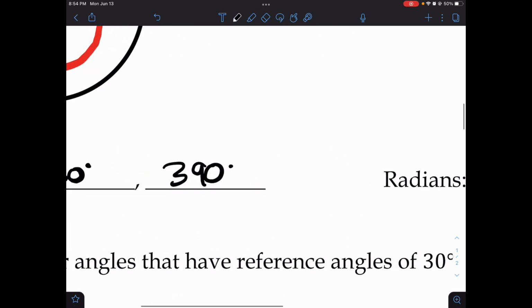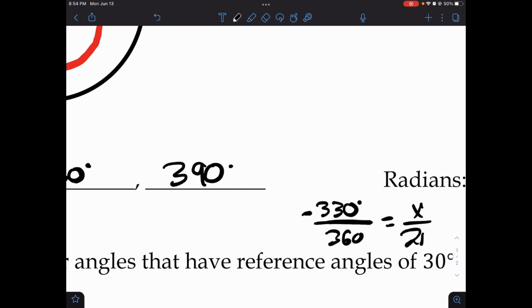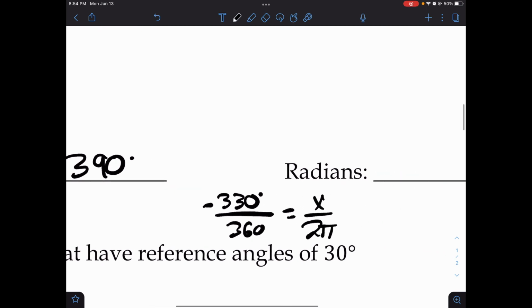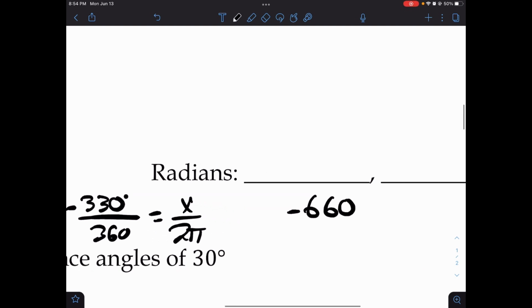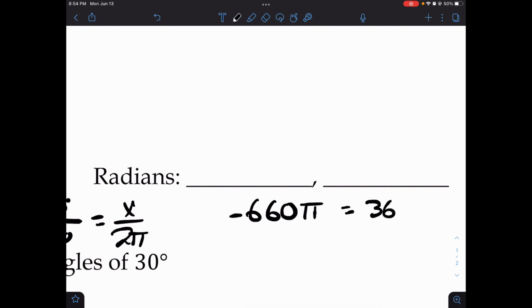So let's do negative 330 first. So negative 330 degrees over 360 degrees will be equal to x over 2 pi, because 2 pi radians is equal to 360 degrees. So negative 660, we cross multiply, 60 pi is equal to 360x.